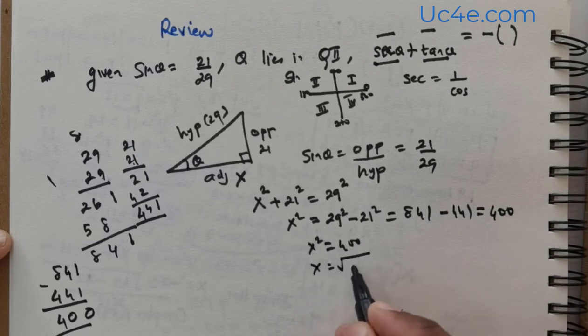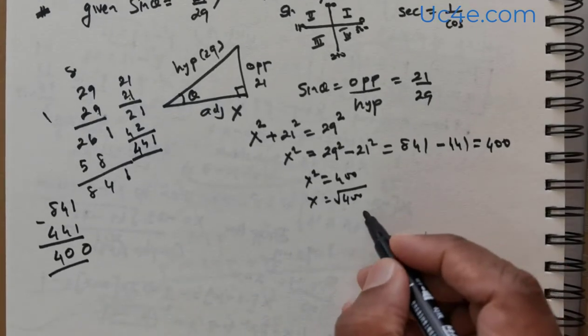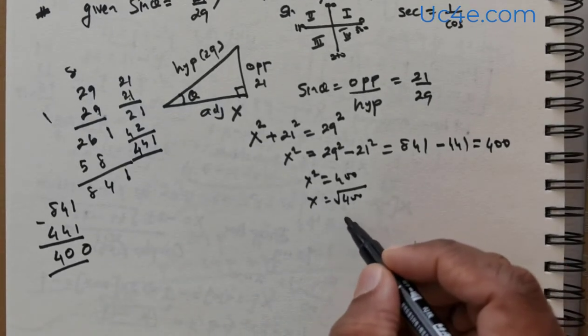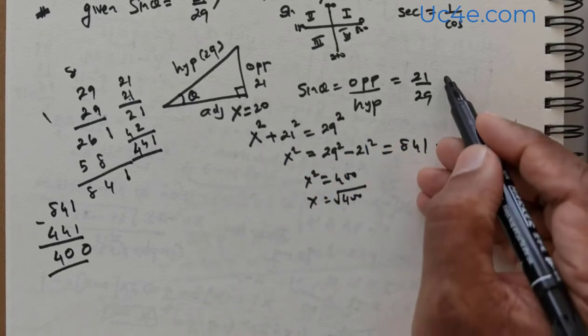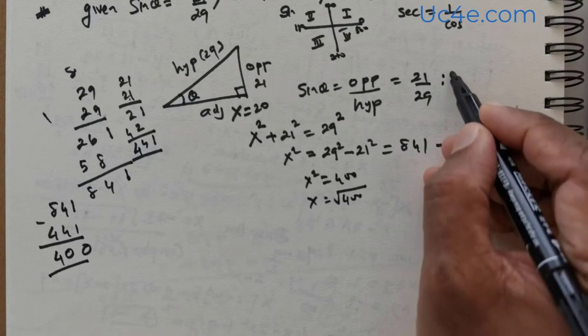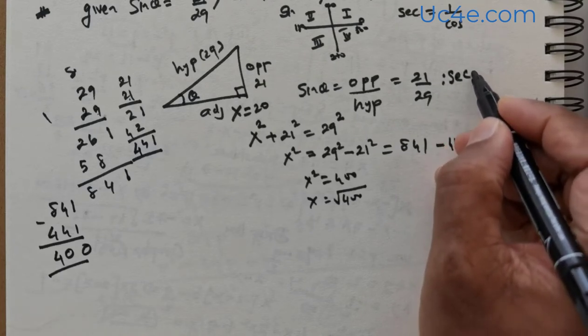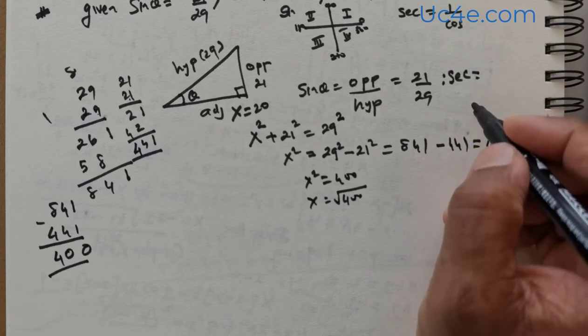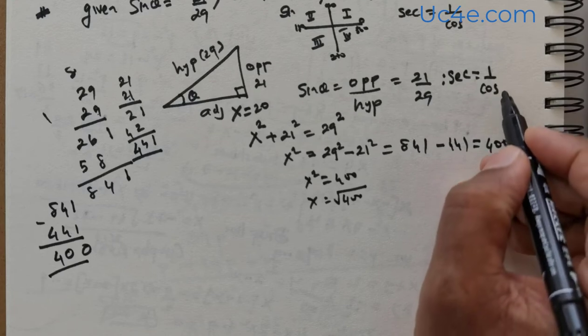x is equal to root of 400. Right, so clearly the outcome is going to be equal to 20. So I have found x is equal to 20. So from here, if I were to write my secant value, as I mentioned to you, to get secant I need to extract the value of cos.